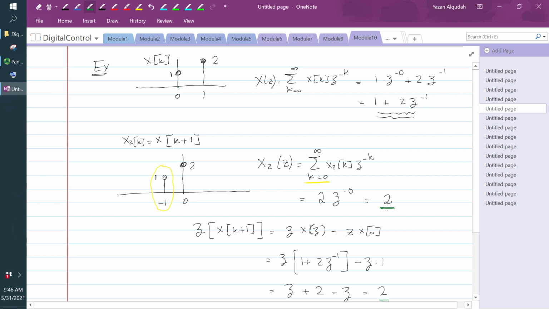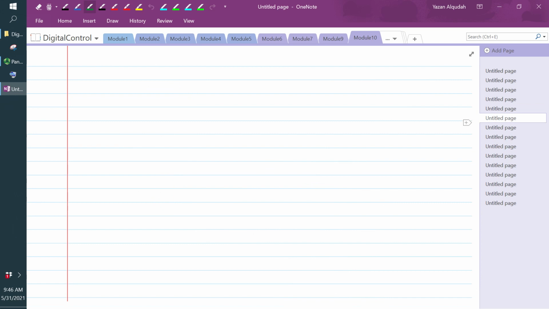So therefore, if I have the original signal like this, I calculated x of z, then I shifted it to the left, I have to remove all the terms that are shifted before k equal to 0, because they're not going to be in the calculation of x of z, because I'm taking the one-sided x of z. Okay, so that is what happens if I shift the signal to the left.